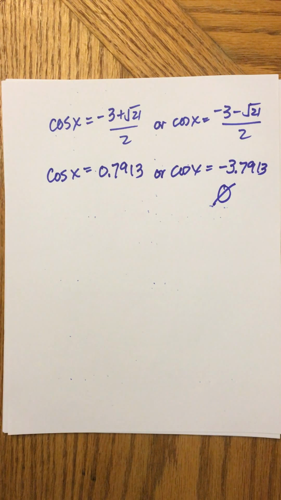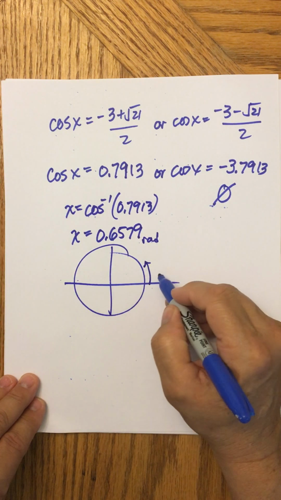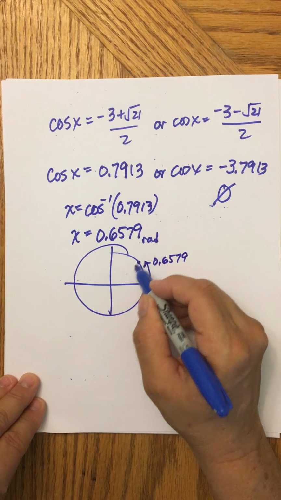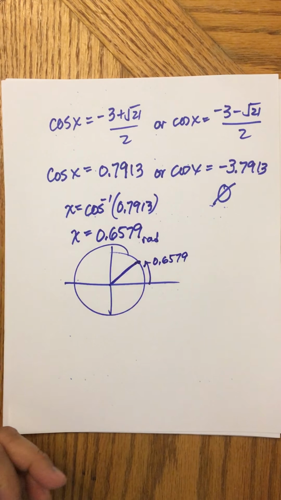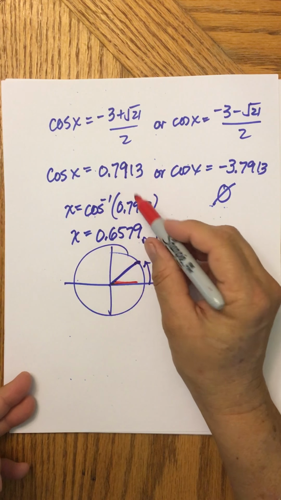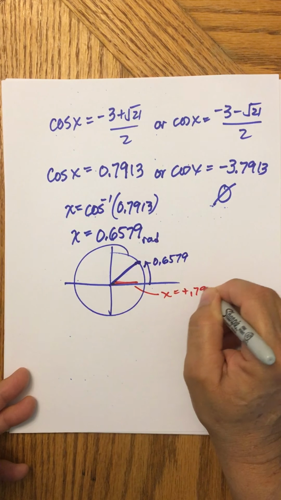And so what we're saying is, when you rotate over here 0.6579 radians, the x-coordinate is a length of 0.7913. So here, x equals positive 0.7913.